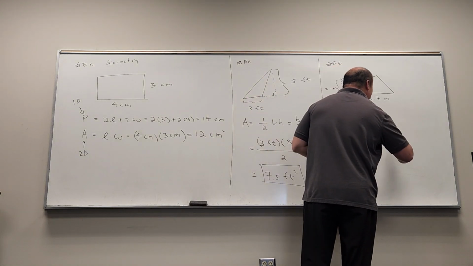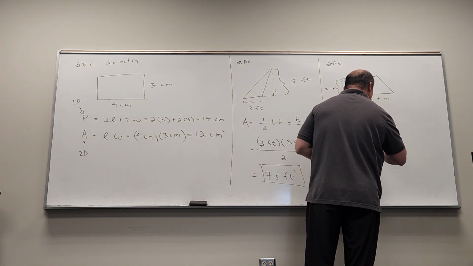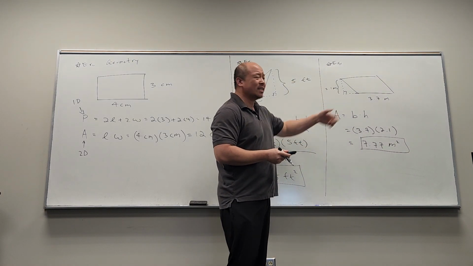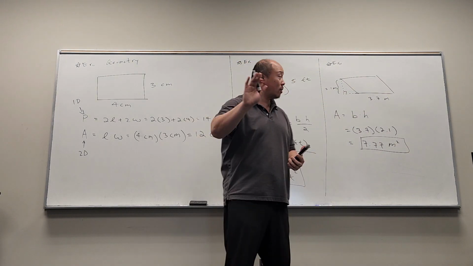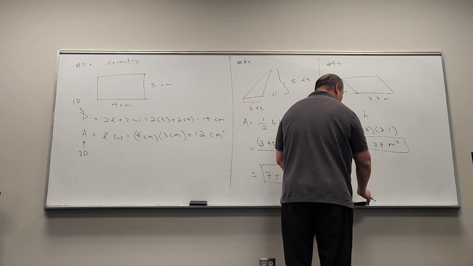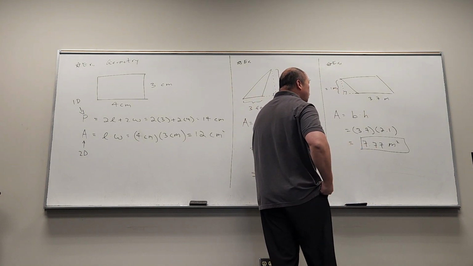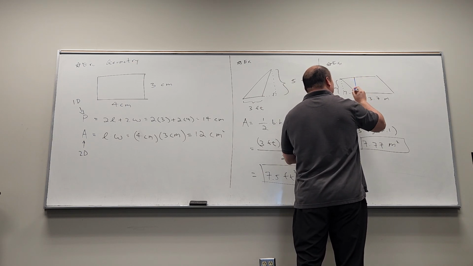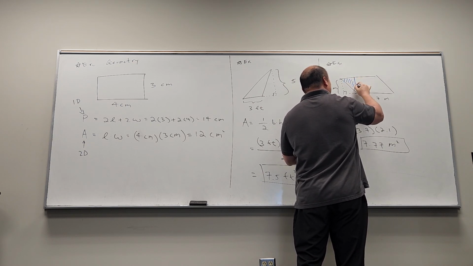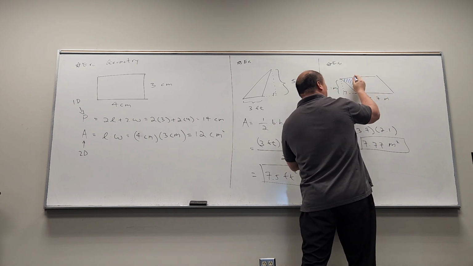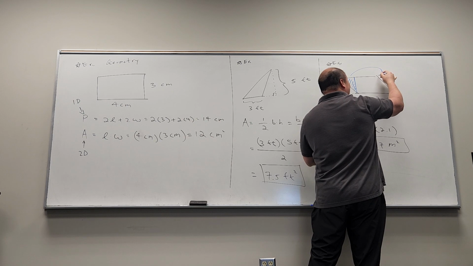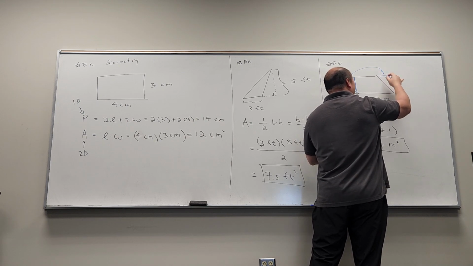And remember, this is square meter, right? Because it's area. So in other words, this guy is kind of the rectangle. If you think about it this way, let me show you a picture. If you take this piece right here, and surgically remove that and put it over here, don't you get this piece? Don't you get it like this?